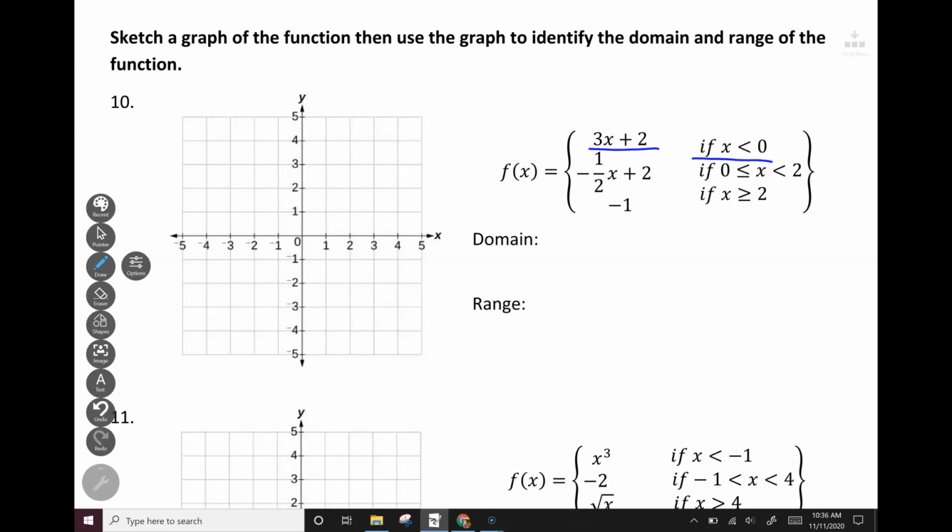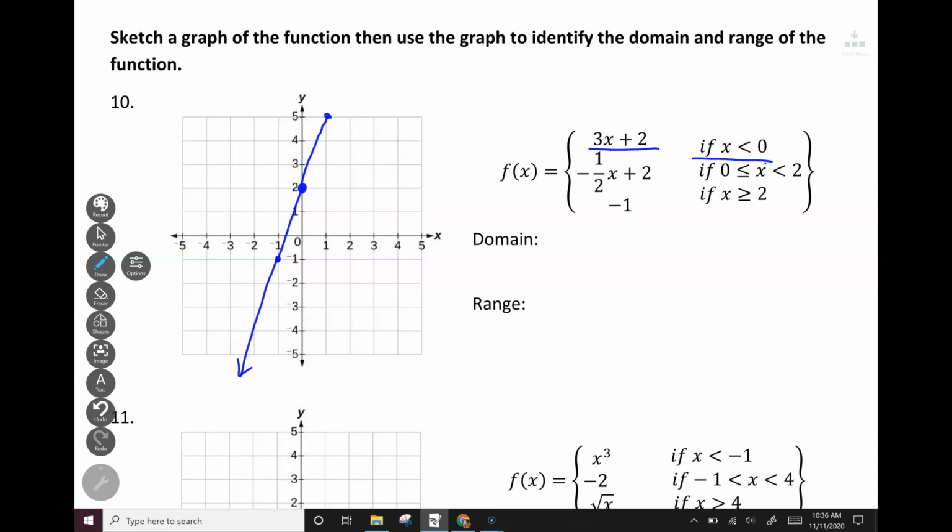So first, 3x plus 2, but only if x is less than 0. So let's first graph the line 3x plus 2. The y-intercept is at 2. The slope is 3, so you can go up 3 and to the right 1, or down 3 and to the left 1. So that has a slope of 3 and a y-intercept of 2.